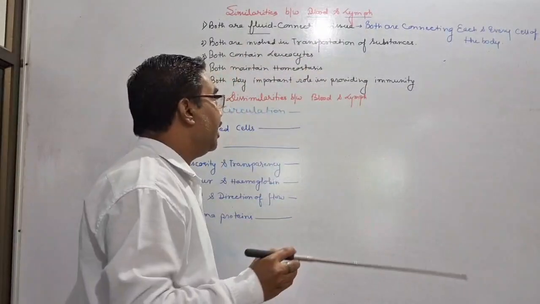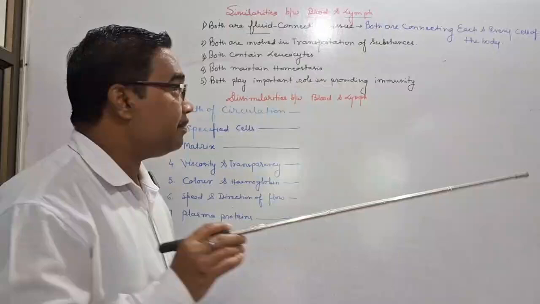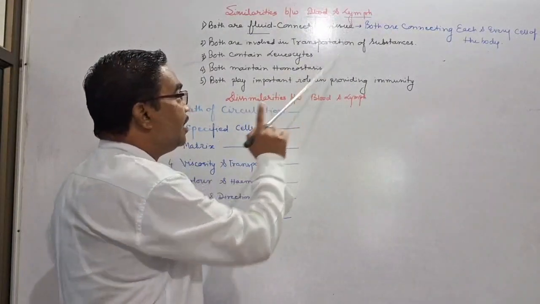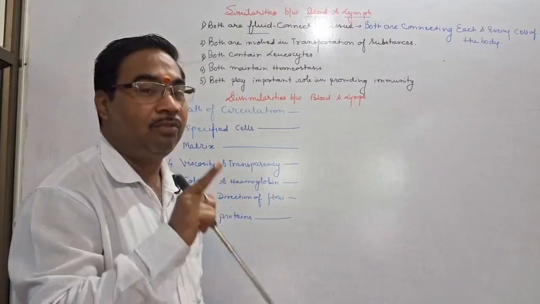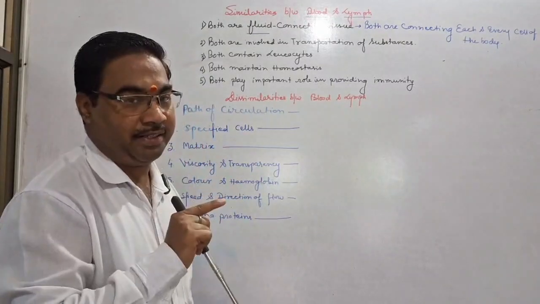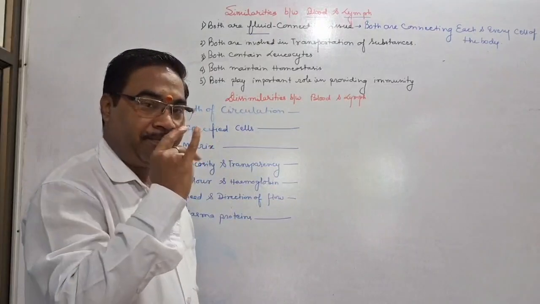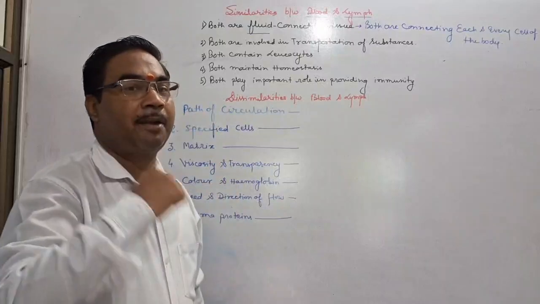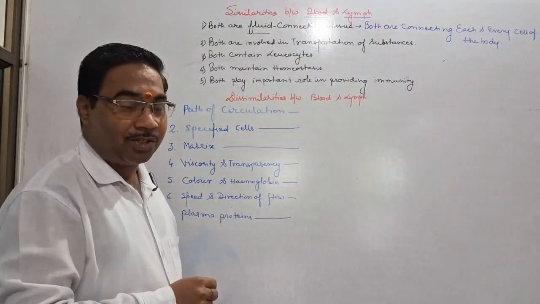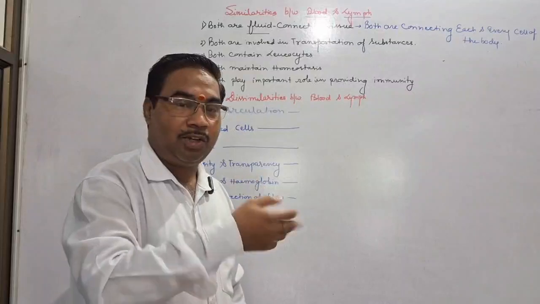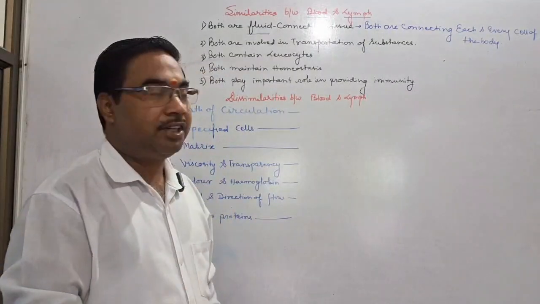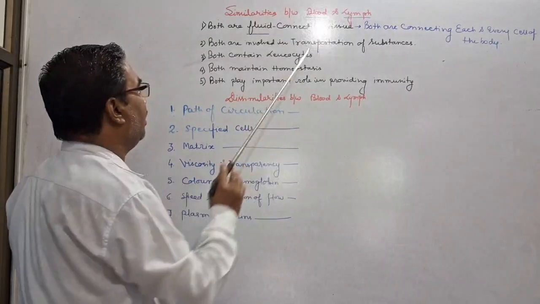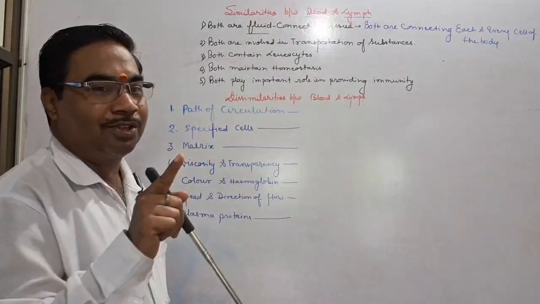Out of those 5 types, only one type is present in lymph. Here you should differentiate. Lymph has only one type of leukocyte, that is the lymphocyte. But in blood, all 5 types are present, including lymphocyte, monocyte, basophil, eosinophil and neutrophil. So we can say the similarity is that both contain leukocytes.